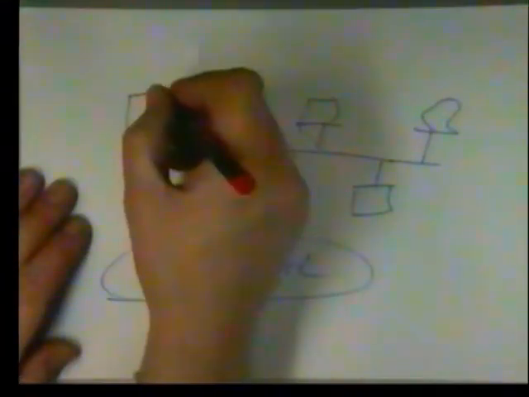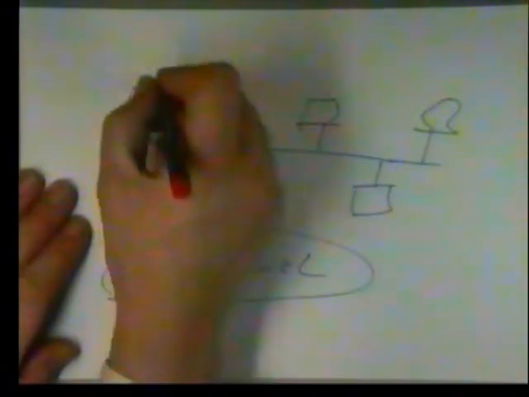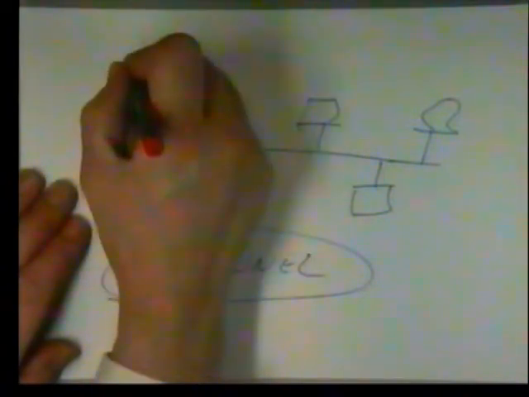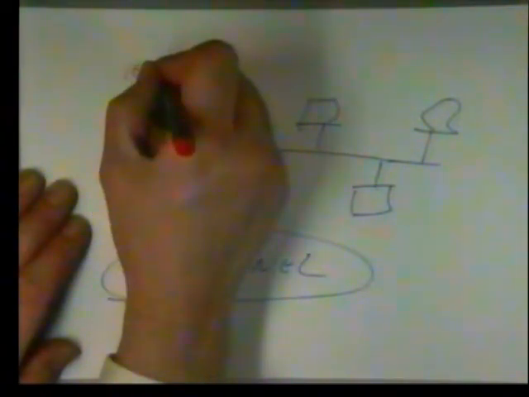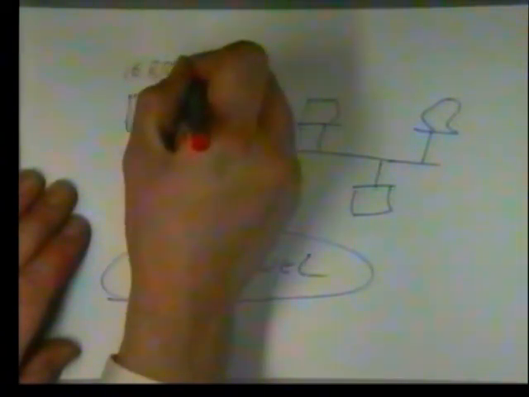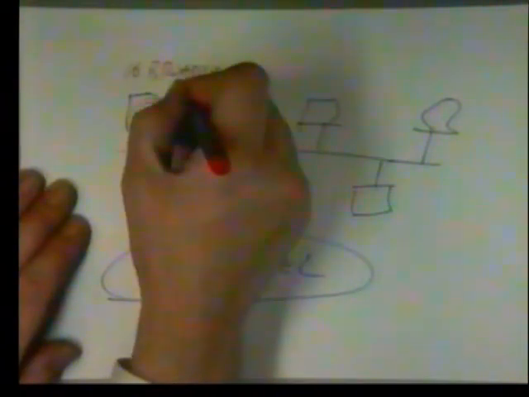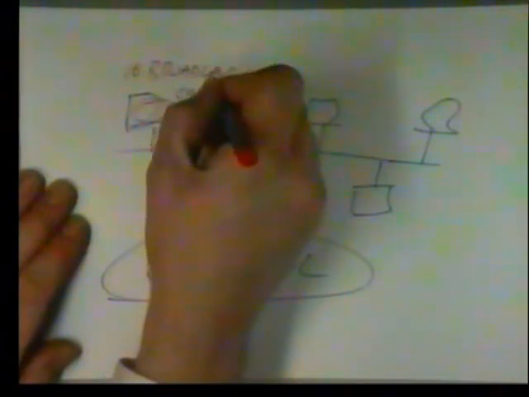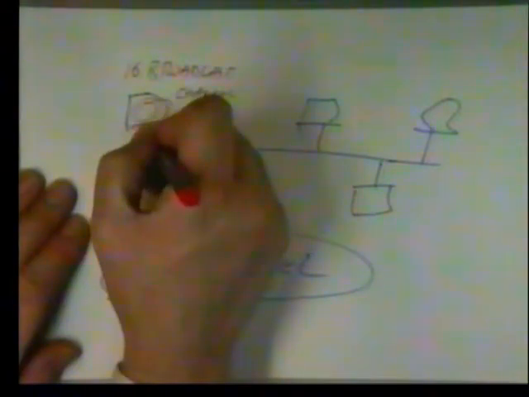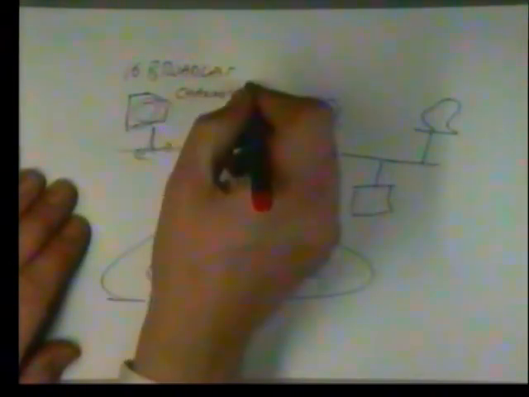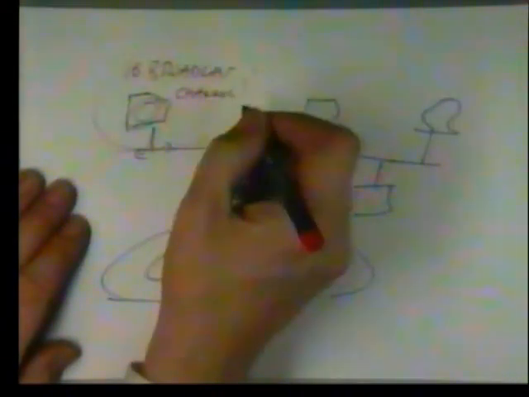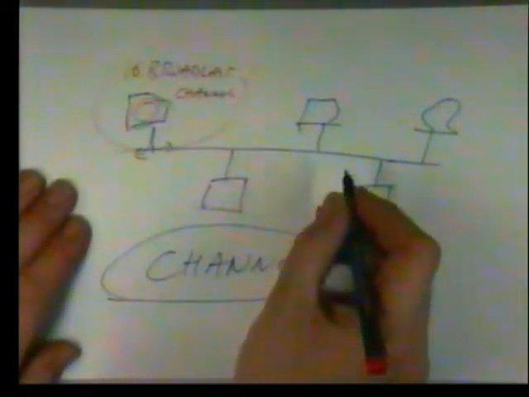Each of our nodes can both broadcast and receive. Any node can typically broadcast up to 16 channels. So every one of these can broadcast 16 channels. That's a typical system. There are others that do more, some do less, but typically every node is capable of broadcasting 16 channels.